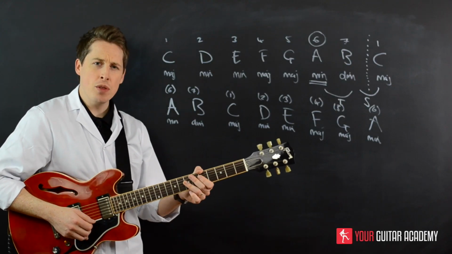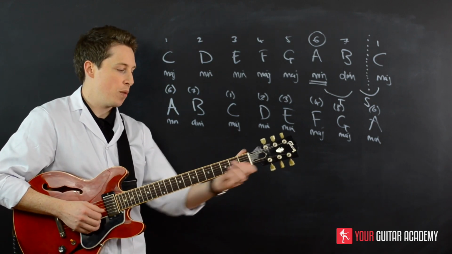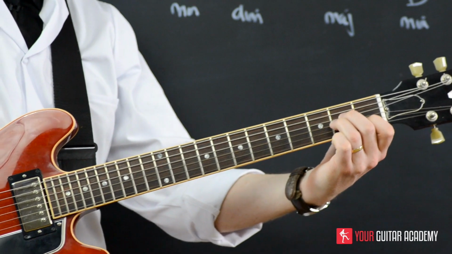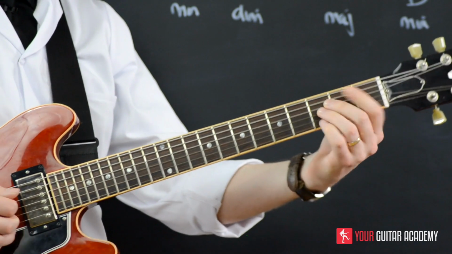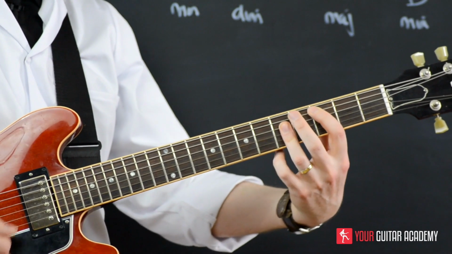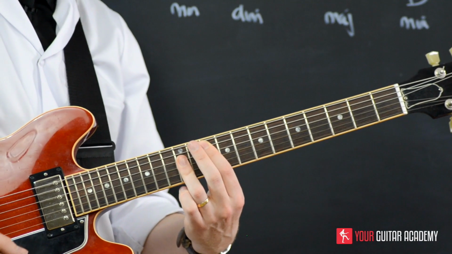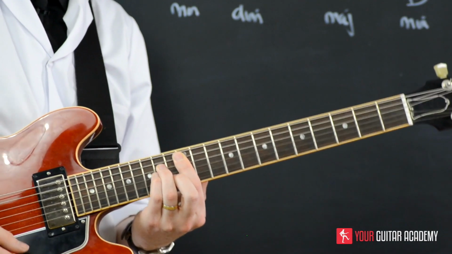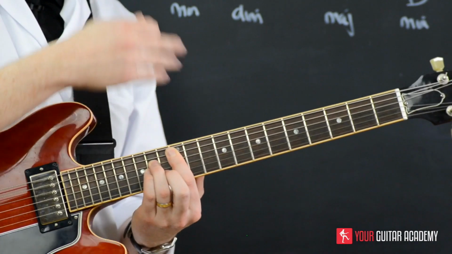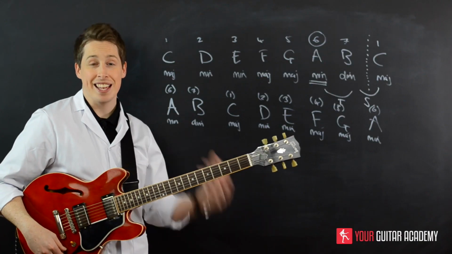Now, I'm going to do those same chords, but I'm going to start from A minor. So I'm going to start with the open A minor here. So A minor, B diminished, C major, D minor, E minor, F major, G major, and A minor. And now the A minor is the start and the end, but the chords are identical.